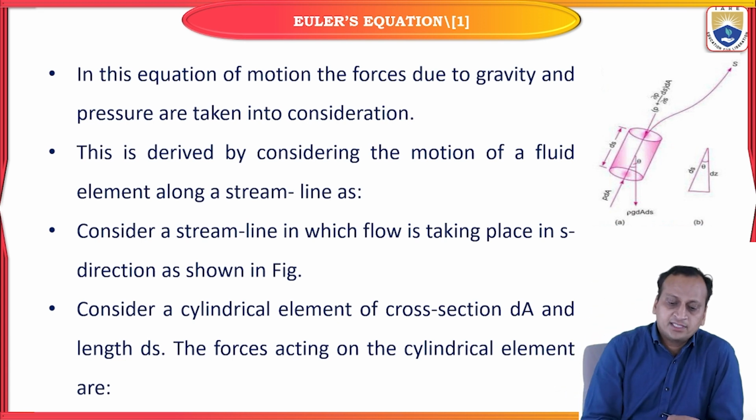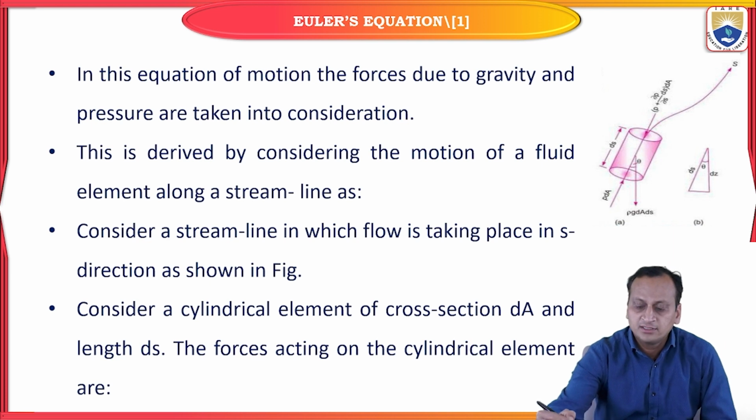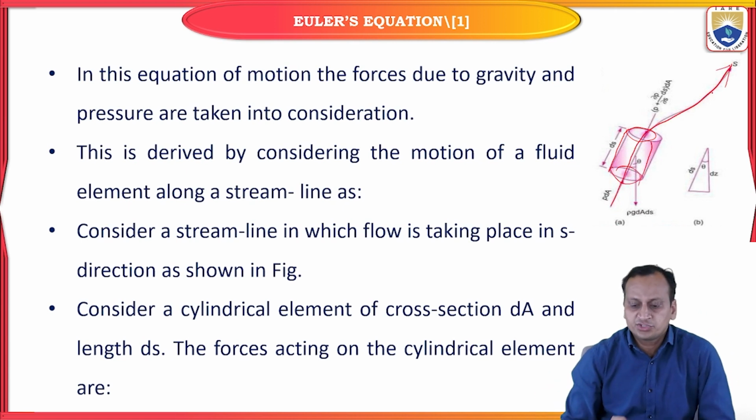For deriving Euler's equation, you have to consider a fluid particle. As shown in the figure, a cylindrical fluid particle, you have to consider as it is moving along a streamline.